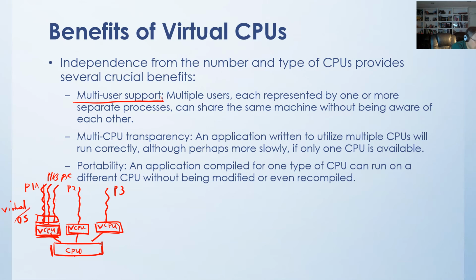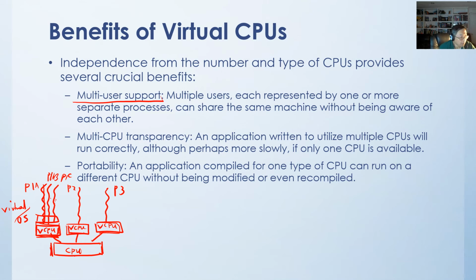That means the underlying computer system has one CPU and one operating system, but you can install a couple of virtual CPUs on top of the native CPU, and each virtual operating system can be used just like an independent machine.